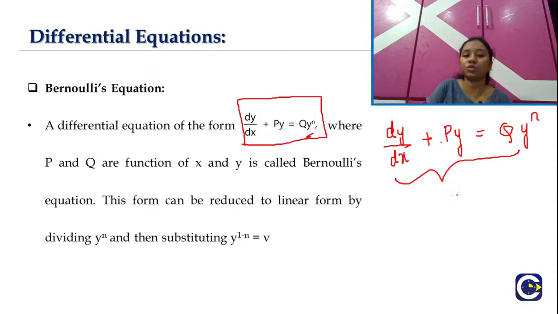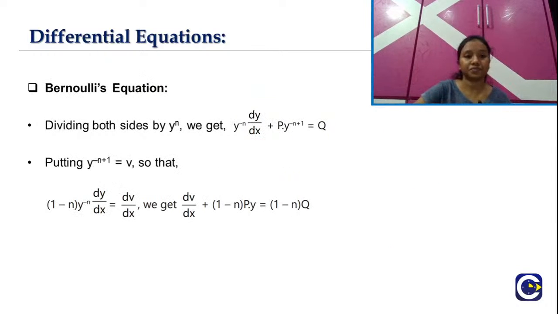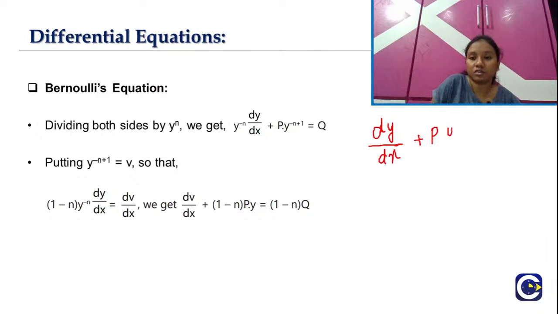So how can we do that? By dividing the entire equation by y power n. This is the standard form dy by dx plus P y equal to Q y power n. So let's divide this by y power n.